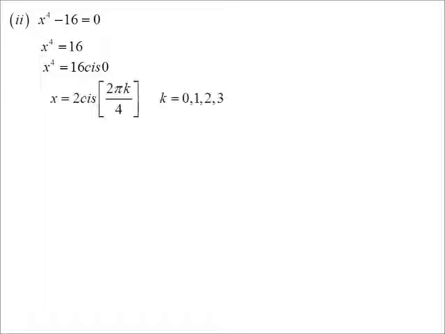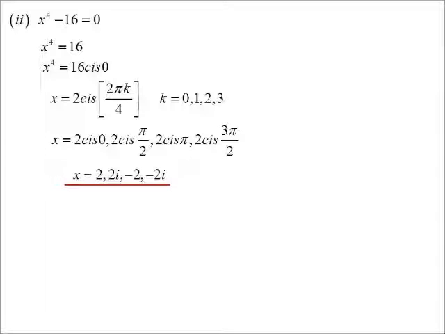So I'm going to say 2 cis, well, 0, didn't write it down, plus 2 pi k over 4. This time I went 0, 1, 2, 3, but I could have gone 0, plus or minus 1, 2 for this one, because they are all real numbers we're dealing with here. So 2 cis 0, 2 cis pi on 2, 2 cis pi, 2 cis 3 pi on 2: 2, 2i, minus 2, minus 2i.